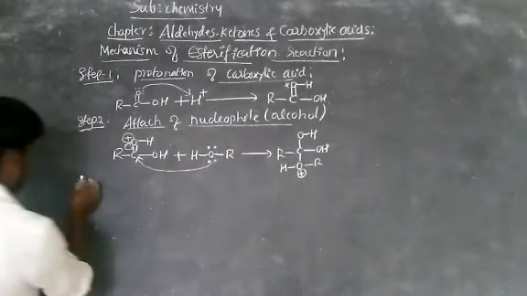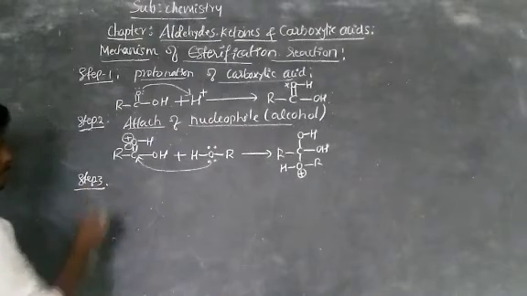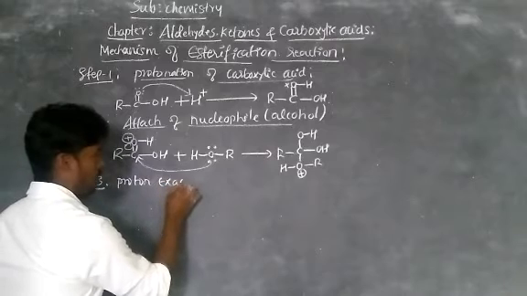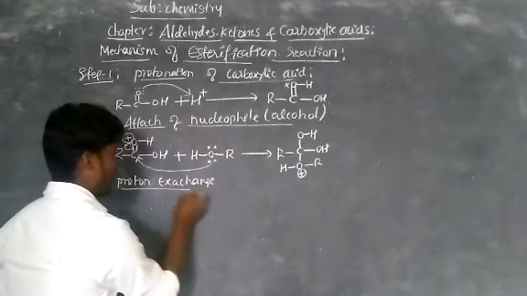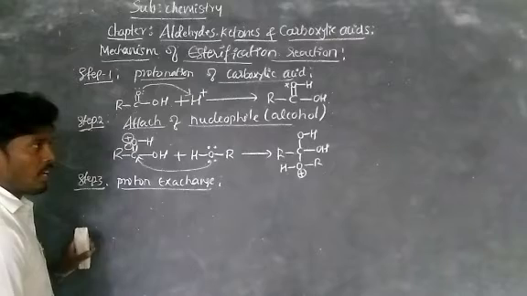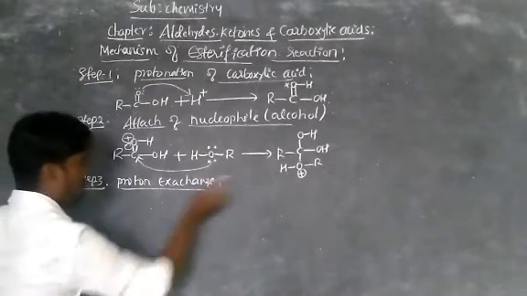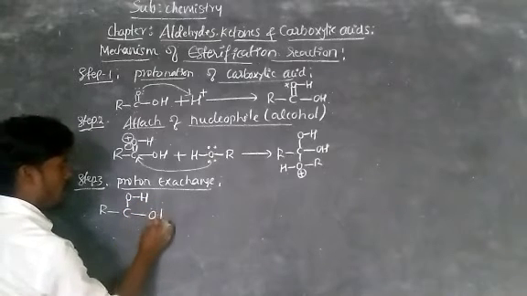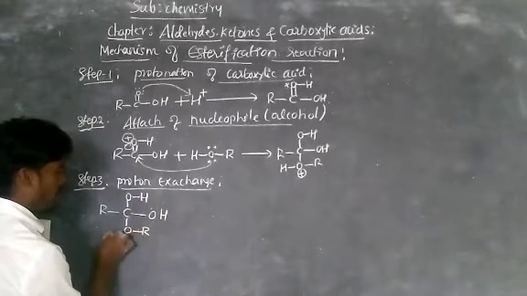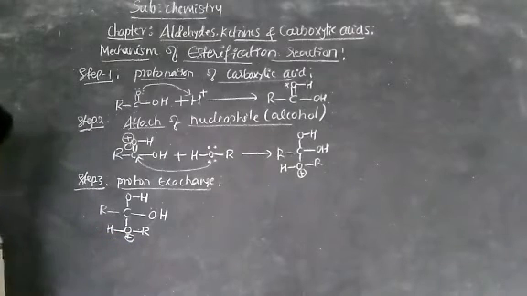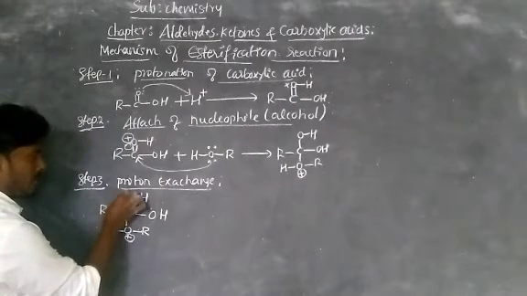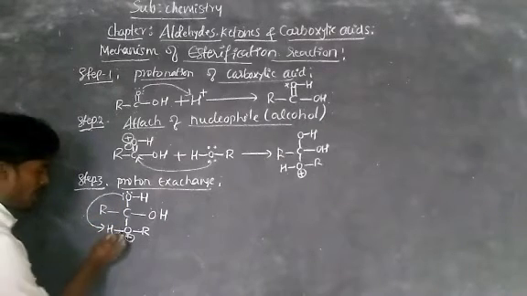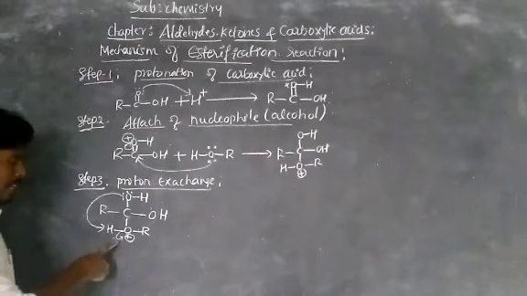Now step 3. Step 3 is proton exchange. Observe how the proton is exchanged. Take this one, R, C bond OH, bond OH, bond O, R and hydrogen plus. Now here there is a lone pair of electrons on an oxygen atom. That lone pair takes this hydrogen, and this oxygen is neutralized by gaining the bonded electrons.